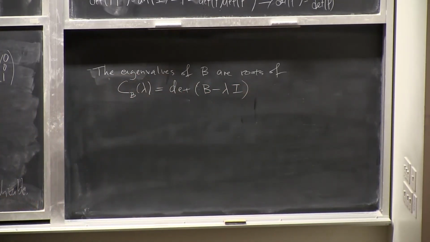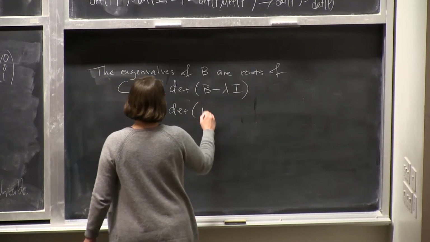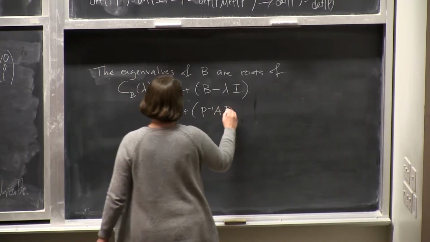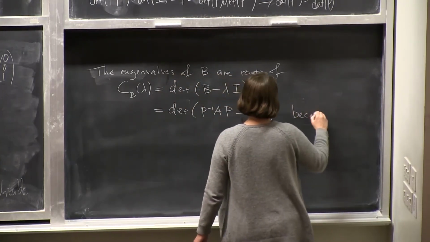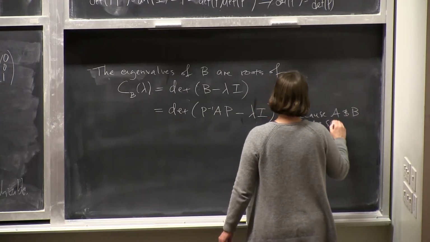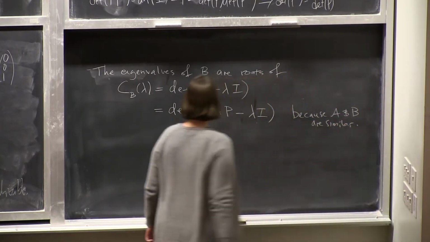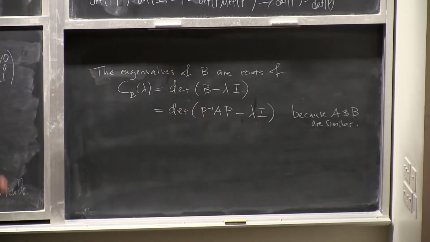Is that true? Yes, that's by definition. Now this is equal to the determinant of P inverse AP minus lambda times the identity. And that's because A and B are similar. That means that B is equal to P inverse AP for some matrix. So now I have to think.